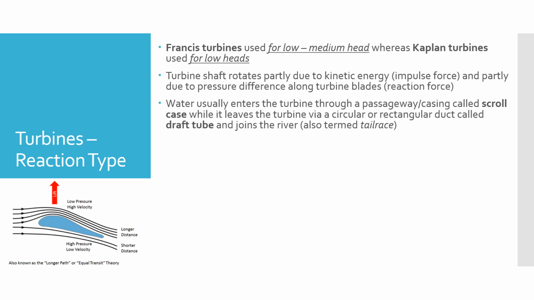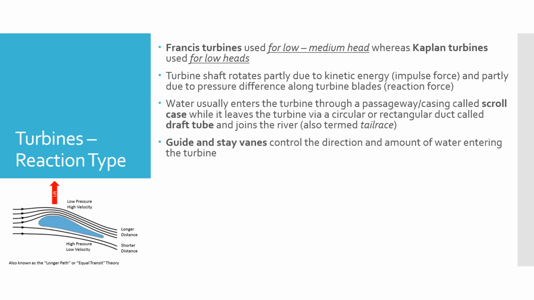It leaves the turbine via a duct, which can be rectangular or circular or both even, and this duct is known as the draft tube of the turbine. Then it joins the river which is downstream, and this river which is flowing downstream of the hydroelectric power plant is termed the tail race. The common terminology for that water is tail race.